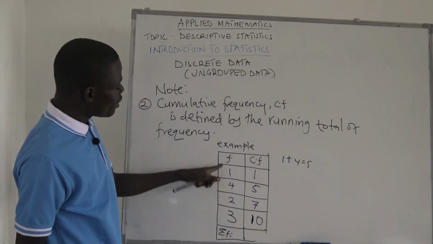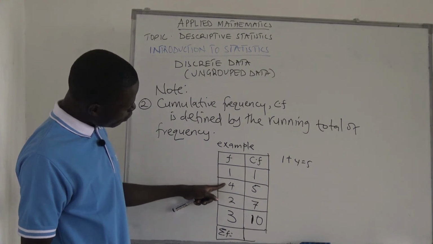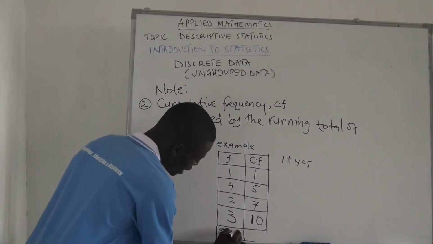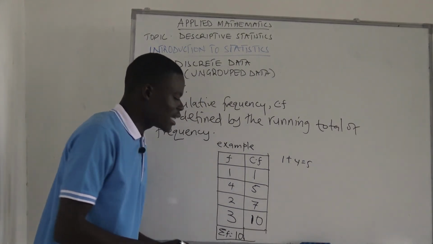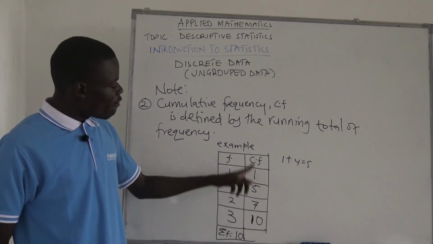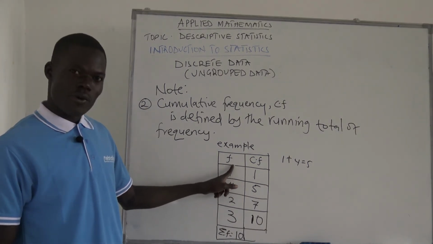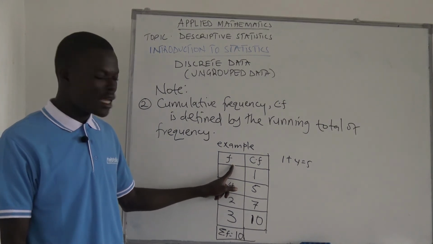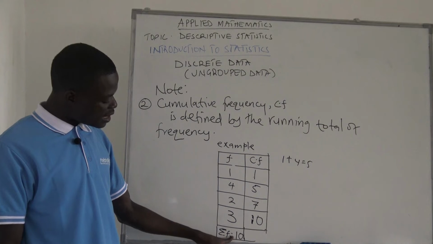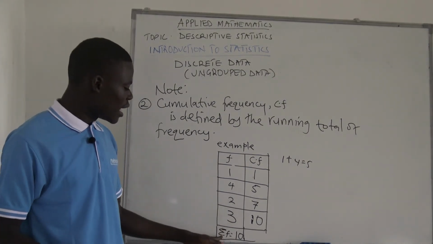So the summation of f is 1 plus 4, which is 5, plus 2, 7, plus 3, which is 10. Another key thing to note is that it is always a must that the first cumulative frequency is the first frequency. And the last cumulative frequency is always the total, or the sum of the frequency.